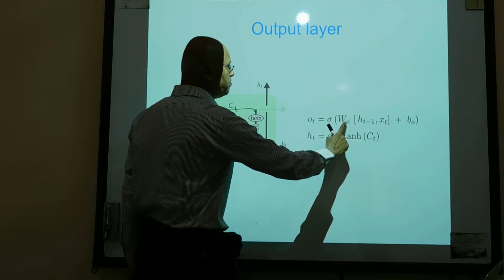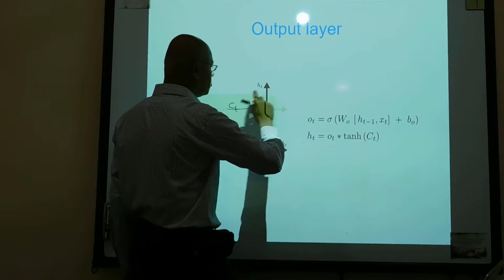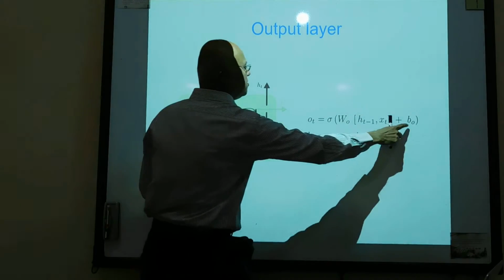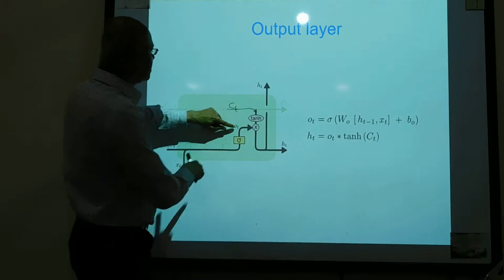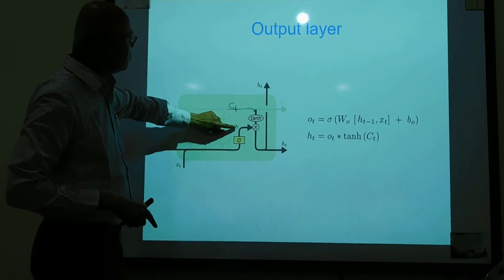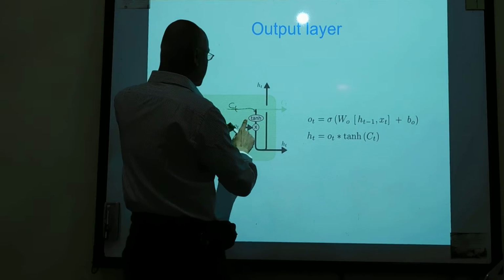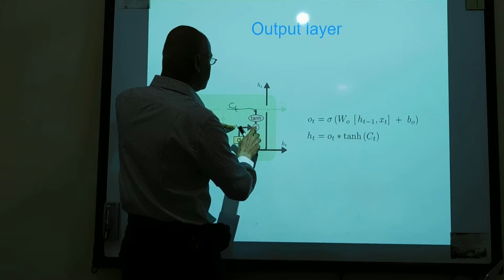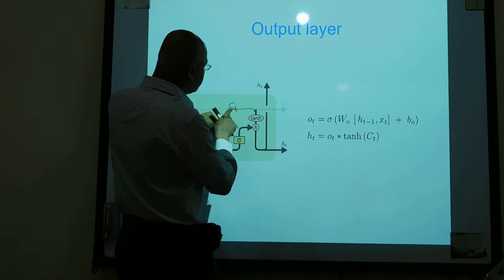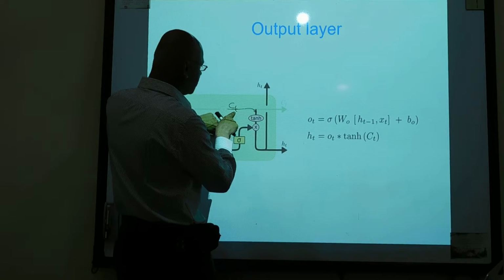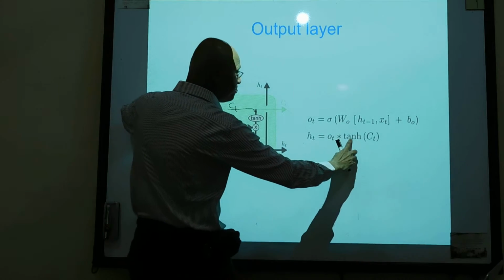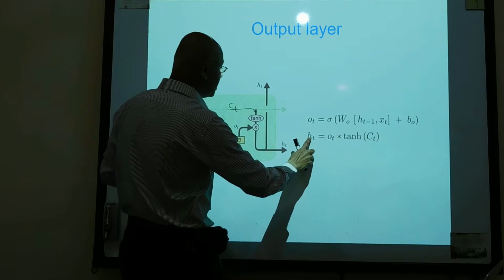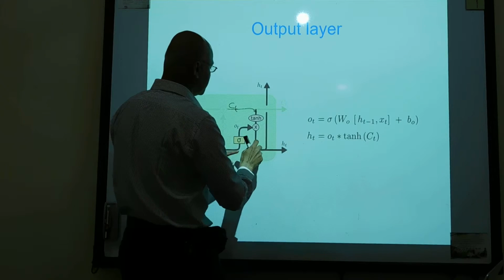by the weight matrix W corresponding to the output gate, pass through a sigmoid function here, this is the bias here, and it generates the current tentative output of the state, and that gets pointwise multiplied by the current state of the cell, which again passes through a non-linearity, the hyperbolic tangent function, and the output ht is generated.